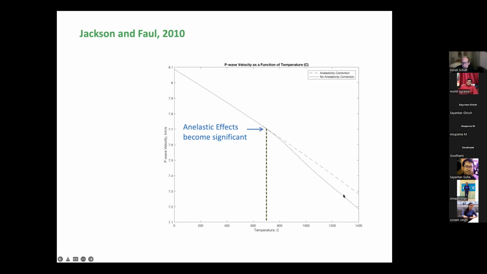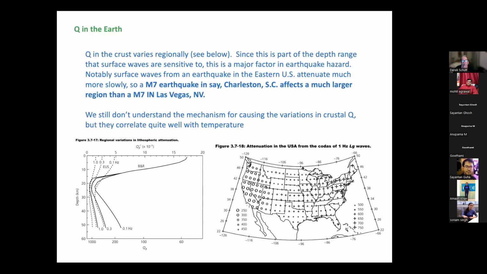So we see mainly a 1/10 of a kilometer per second velocity variation near the solidus due to anelasticity. Now Q in the crust varies regionally, and this is part of the depth range that surface waves are sensitive to.